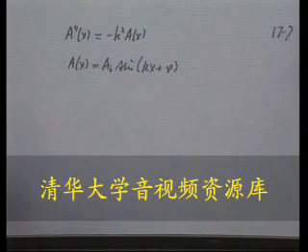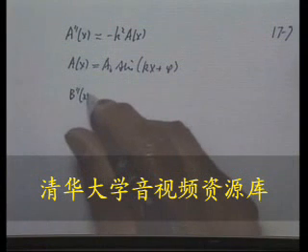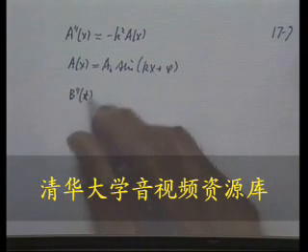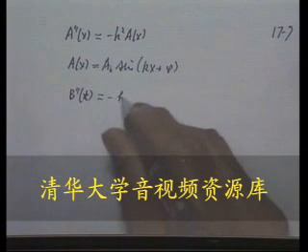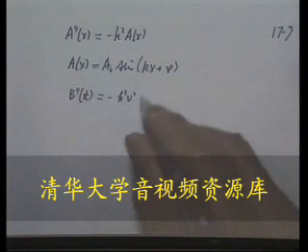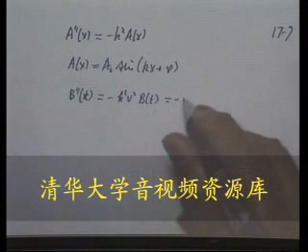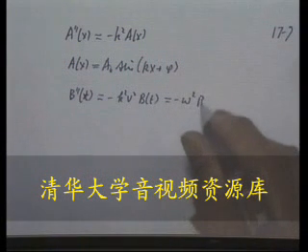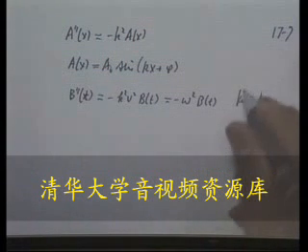Similarly, the left side tells us B double prime of t equals minus k squared v squared B of t, which we shall write as omega squared B of t, where we take omega equal to kv.